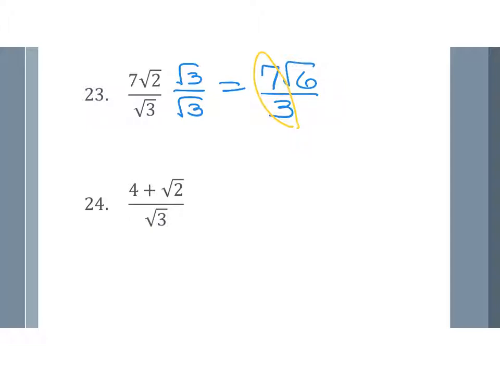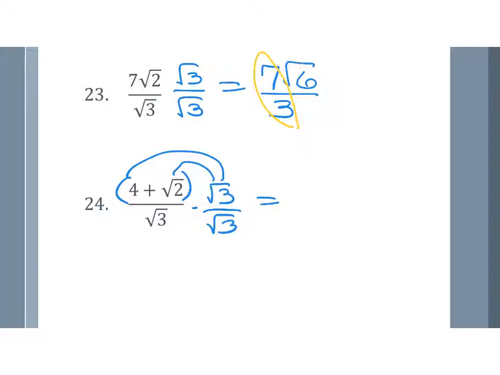Same thing on 24. I'm rationalizing. Root 3 over root 3. Now, what's different here is this plus sign. So this square root of 3 needs to distribute to the 4 and to the square root of 2.